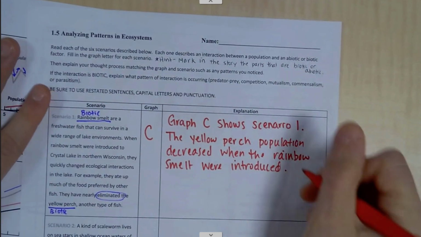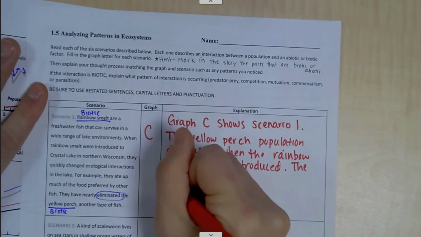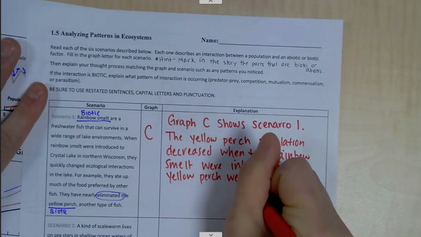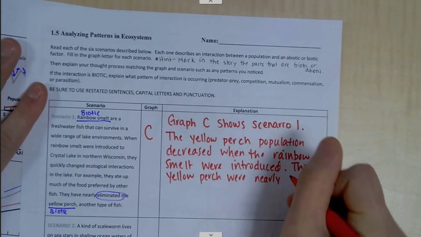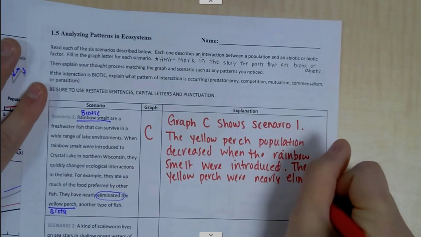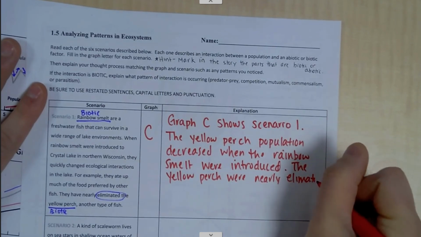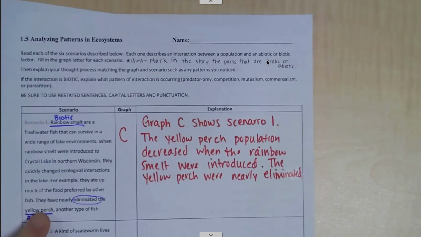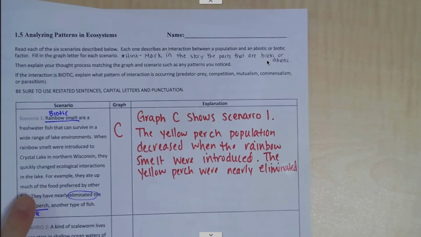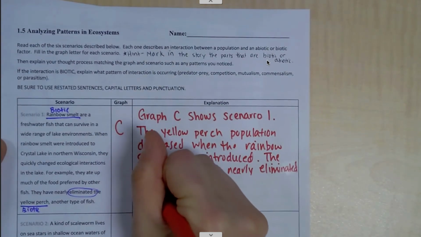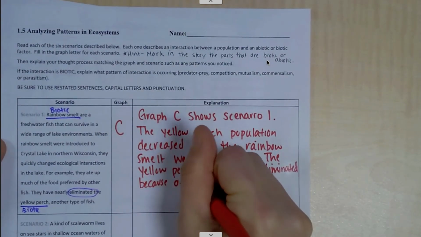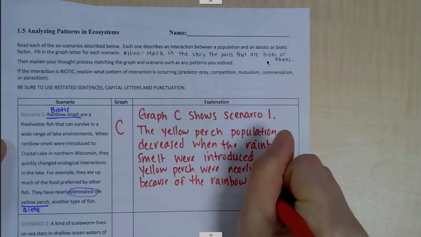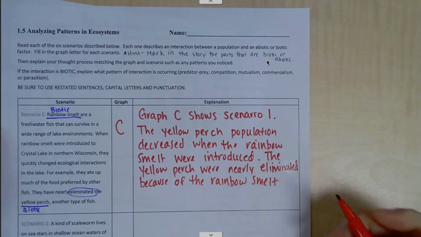And we could say the yellow perch were nearly eliminated. So that means they almost went down to 0. So they were nearly eliminated, I'm going to say, because of the rainbow smelt.